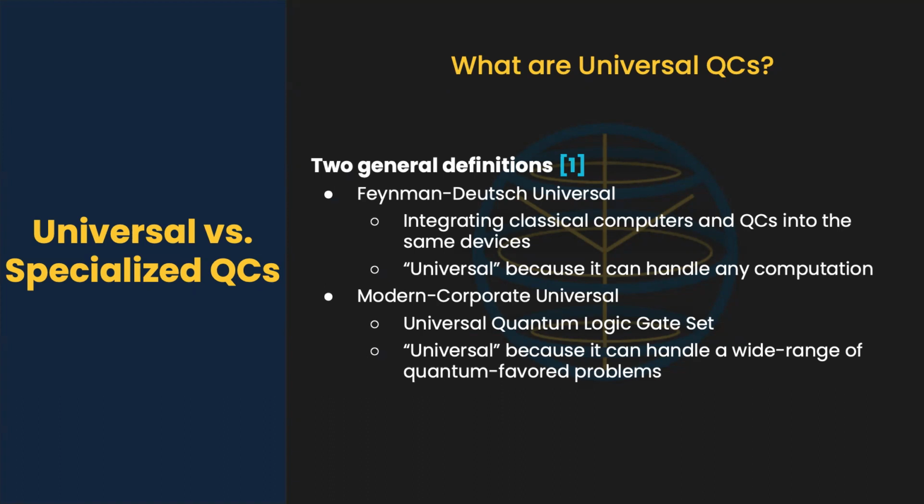There are three necessary qualifications to be Feynman-Deutsch universal. You need qubits that have a universal quantum logic gate set, which basically just means a set of logic gates that can perform any logic operation. You need to be able to simulate or implement anything that a classical computer can do.